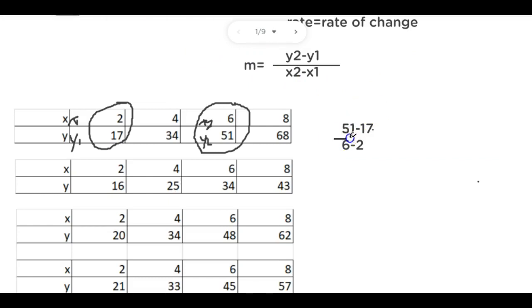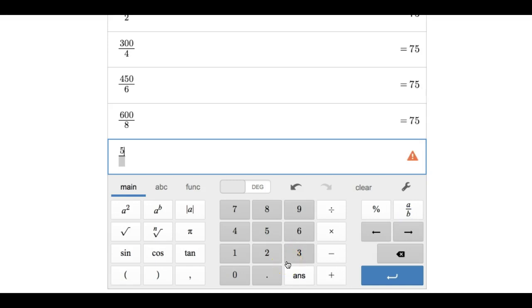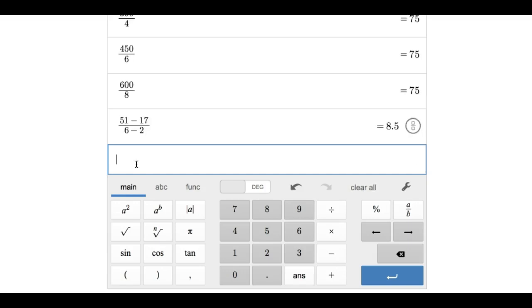Now I'm going to go to my online calculator and set this up. I'm going to first select the fraction bar, and I'll do 51 minus 17, and then 6 minus 2. And there you have it, 8.5.